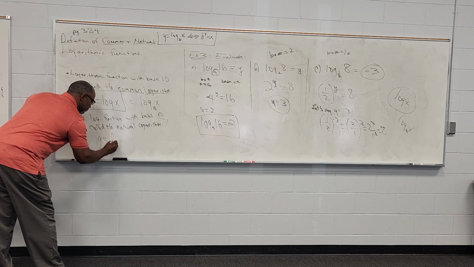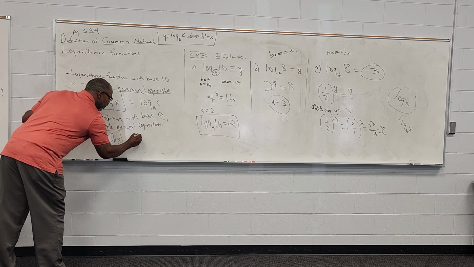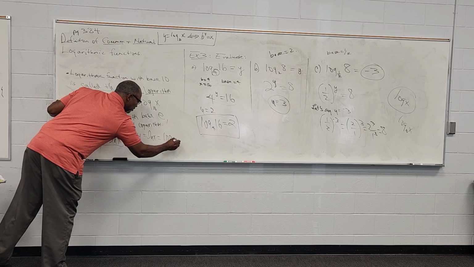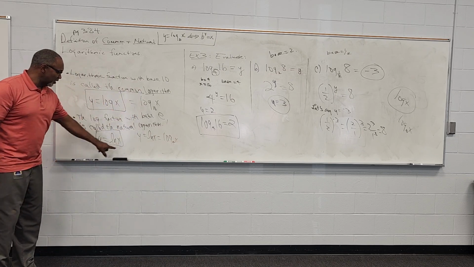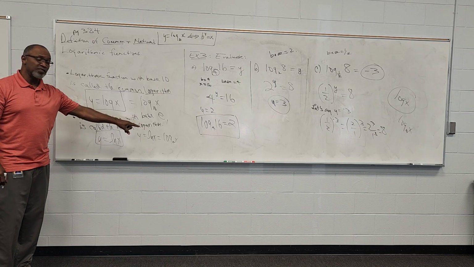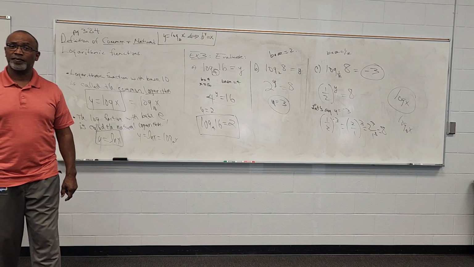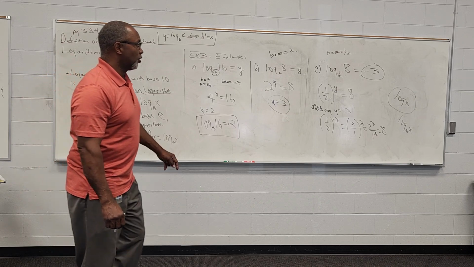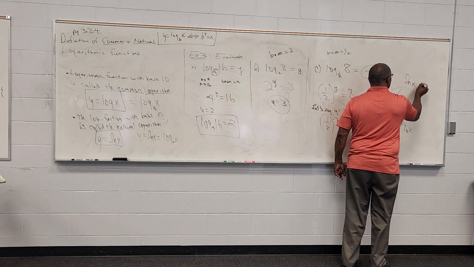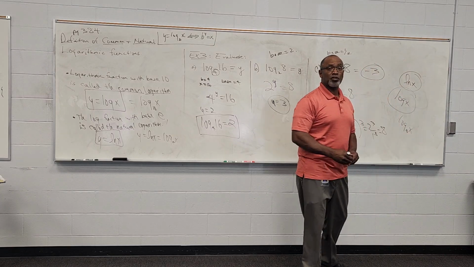So that one is y equals ln of x. Now, y equals ln of x is equivalent to log to the base e of x. You're not going to see that, but that's how they're going to write it. But it means log to the base e of x. Okay? So on your calculator, you also have a ln x key. That means the natural logarithm.